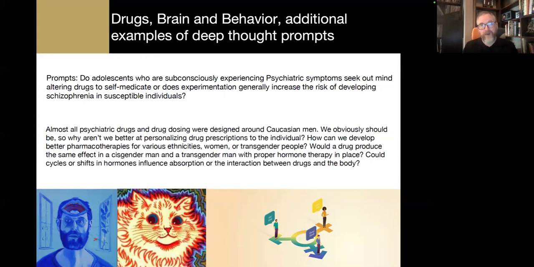How can we develop better pharmacotherapies for various ethnicities, women, or transgender people? Would a drug produce the same effects in a cisgender man and a transgender woman with proper hormone therapy in place? And could cycles or shifts in hormones influence absorption or the interaction between drugs and the body?